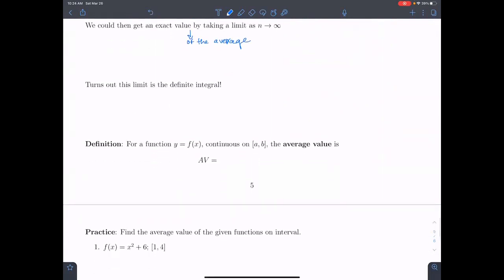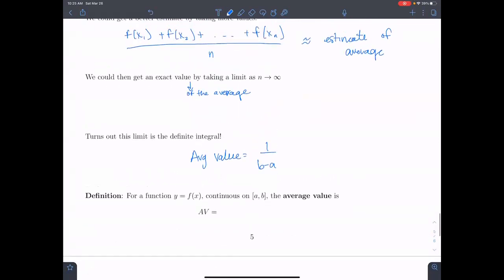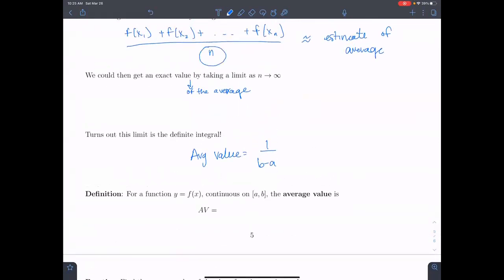So you would take the average value here. You would do 1 over b minus a. That would be the n here. Hold on, let me write this differently maybe.